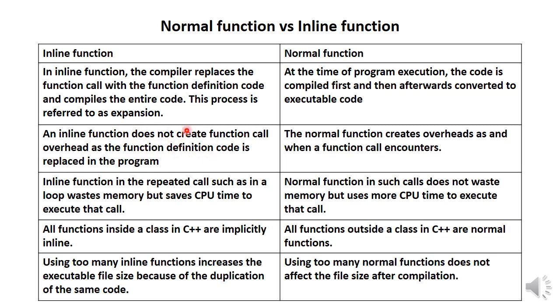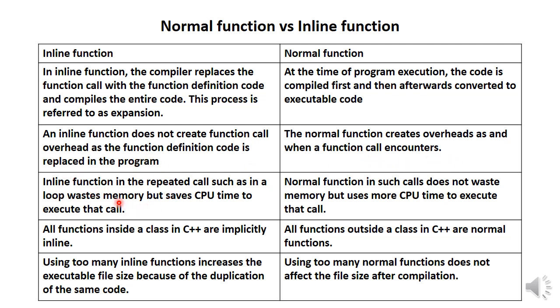An inline function does not create function call overhead, as the function definition code is replaced in the program. But the normal function creates overhead when a function call is encountered.